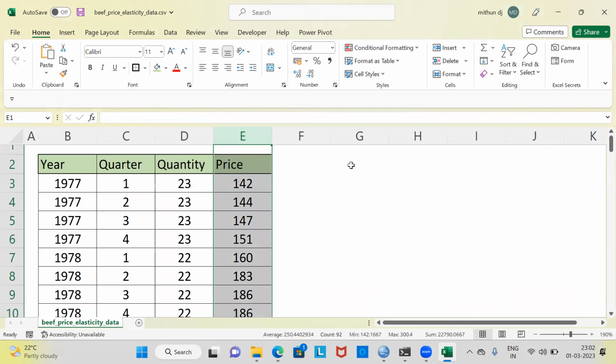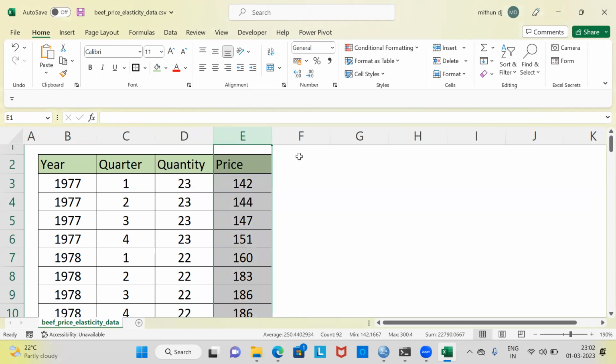So if I were to take a pause and ask a simple question, which will be the dependent variable in this data and which will be the independent variable, what would your answer be? Your answer would be that quantity demanded, quantity of beef demanded, will be the dependent variable and price will be the independent variable.